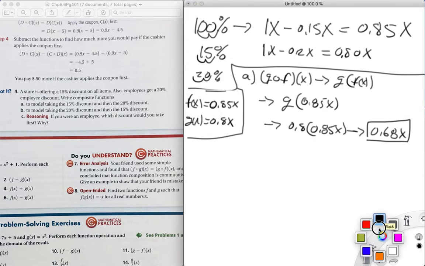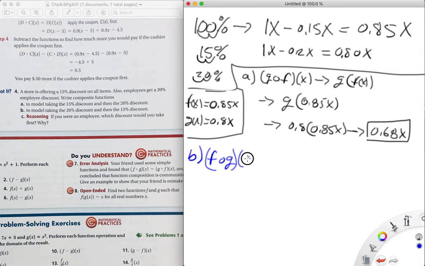That's neat. For B, it's not going to be g of f of x, it's f of g of x, meaning you're going to do the 20% first and then plug that in. So that's going to be f of the 20%, which is 0.8x.